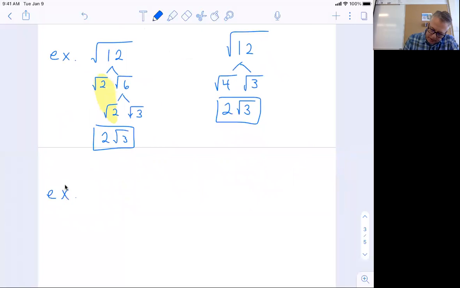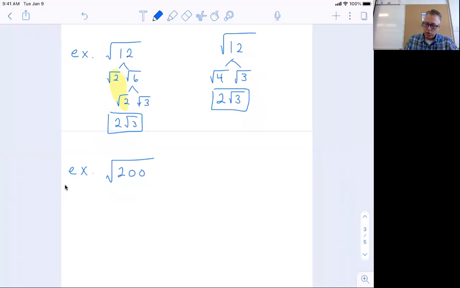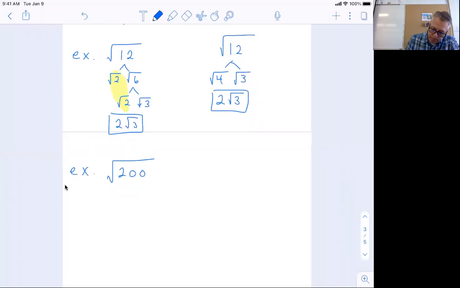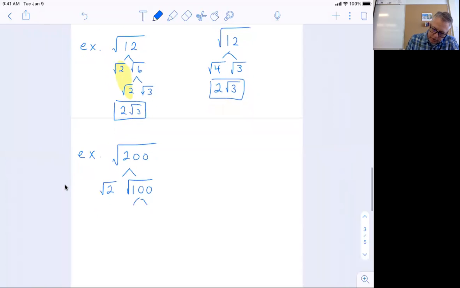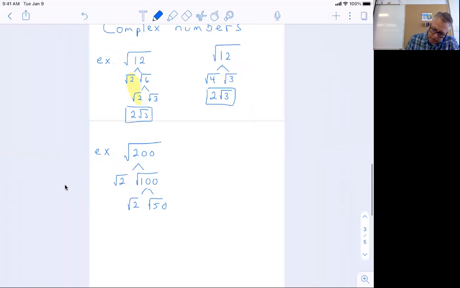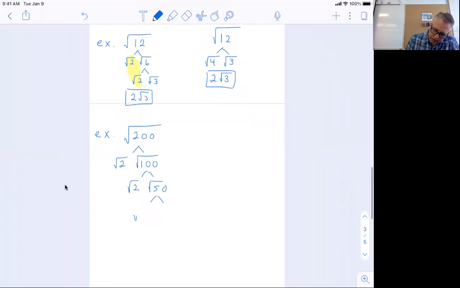So if we wanted to find the square root of 200, we could do a factor tree. So let's see, we could break that into 2. I know it's even, so 2 times 100. And I know 100 is 2 times 50. And I know 50 is 2 times 25.